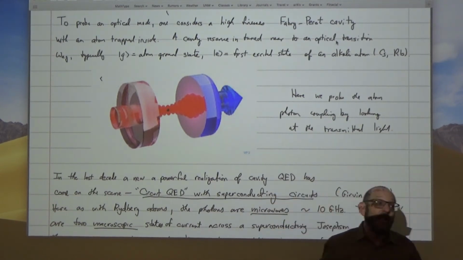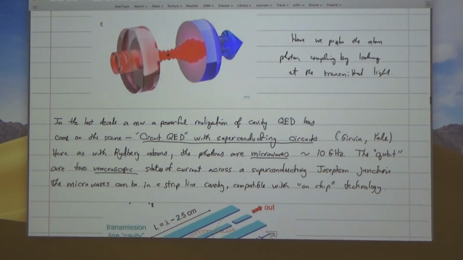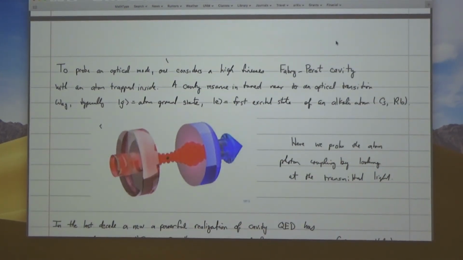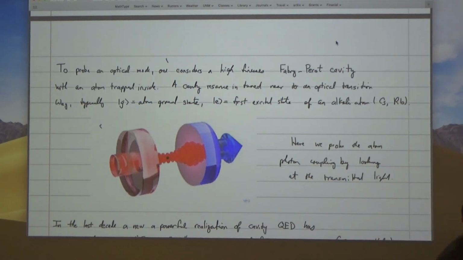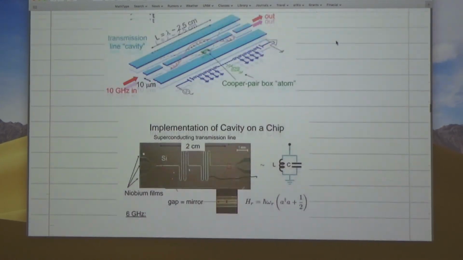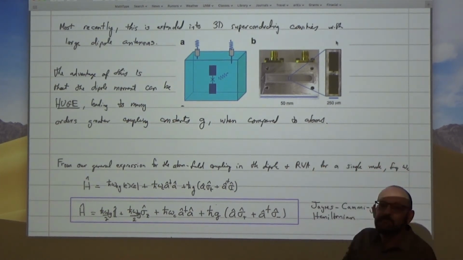So the whole name of the game in cavity QED, and what the famous Jeff Kimble, who developed this, spent his entire career trying to do, is to make these cavities better and better and better to ensure you had a really strong coupling regime. And everybody who comes from an atomic physics background is licking their wounds and feeling horrible about the fact that it just works so much better within the solid state.